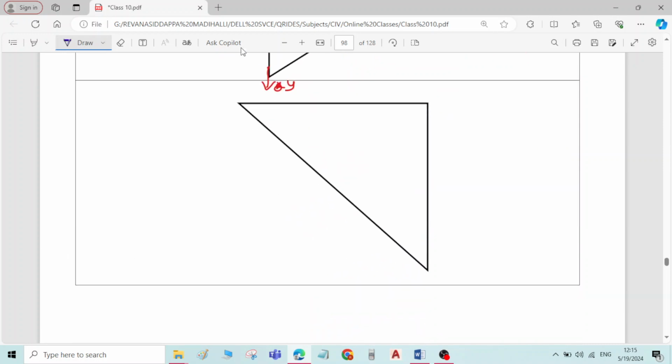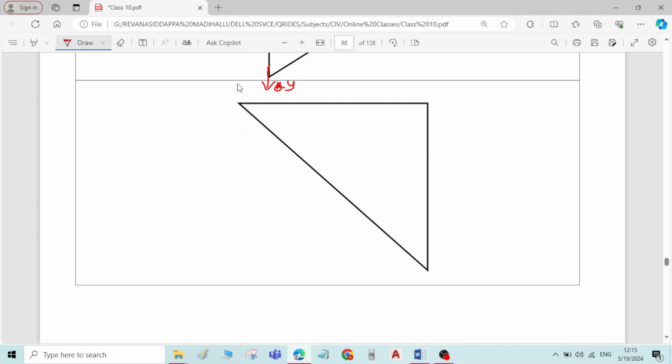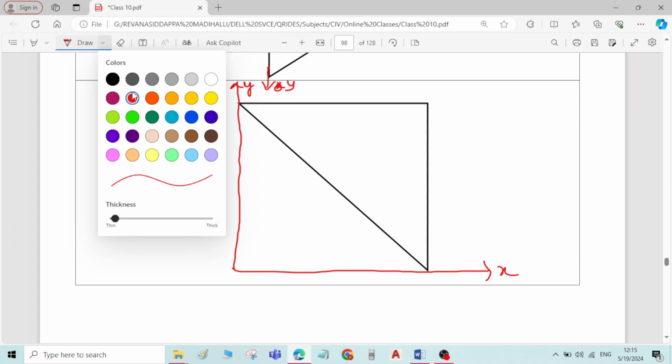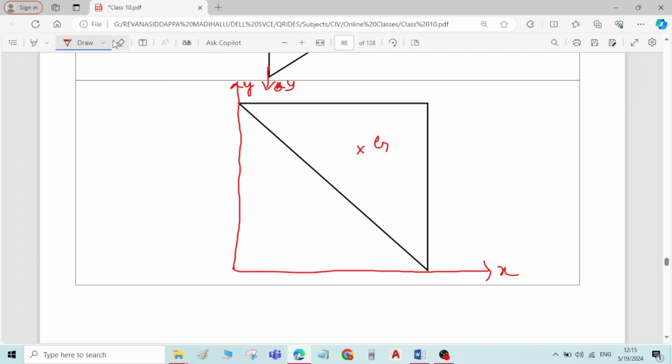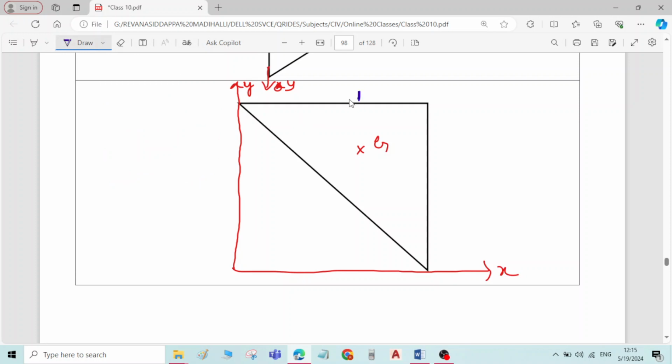So in this case, what I will do, I'll take the reference axis like this. Like this I have taken the reference x axis and reference y axis. Now the right angle triangle is coming in the first quadrant, both x and y are positive. If I take G as centroid, now the formula for x bar will be plus 2b by 3, not b by 3.